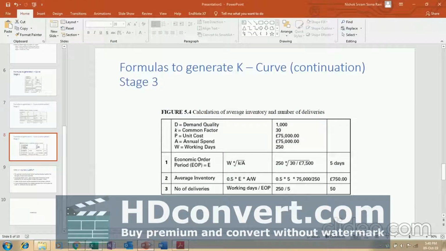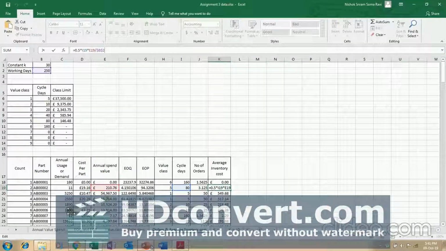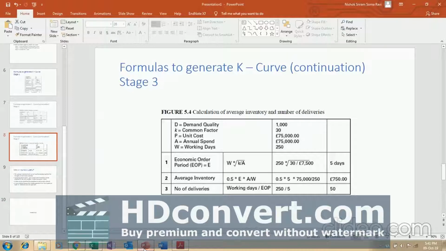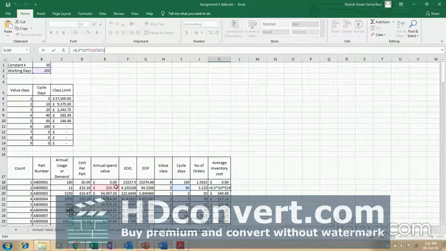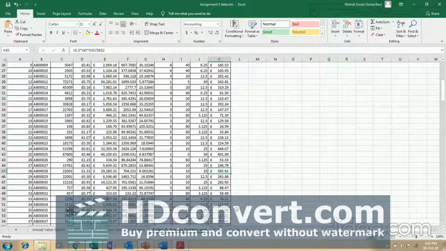In order to find that, we use the formula 0.5 times E multiplied by A, the whole divided by W. For our example, we do the same: 0.5 times the number of orders, multiplied by the cycle day and annual spend, divided by the number of working days, which gives us the average inventory cost for the product being 33.72 each. We do the same for the rest of the 200 products here.